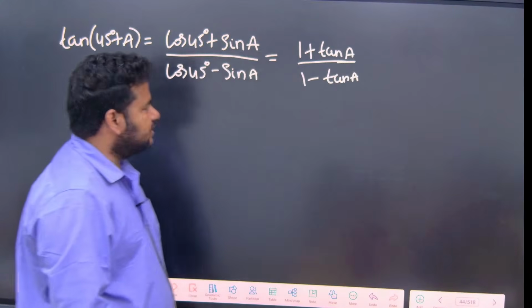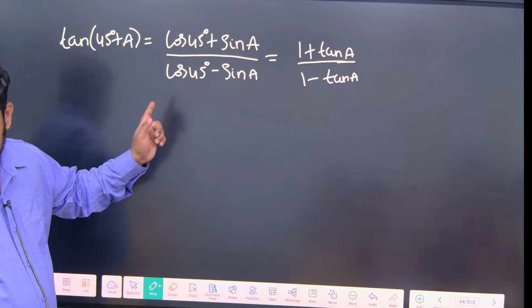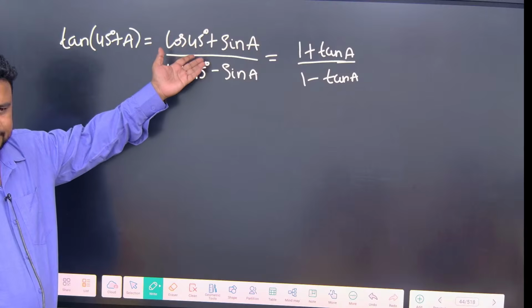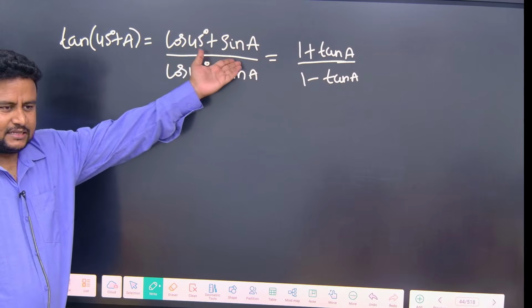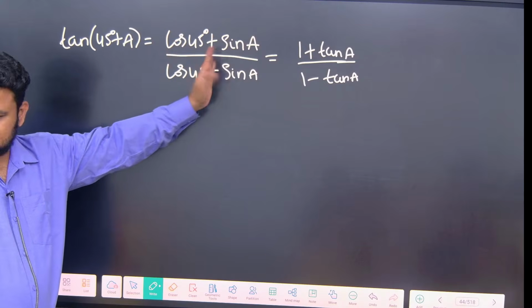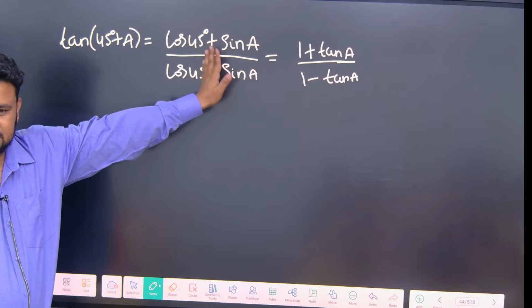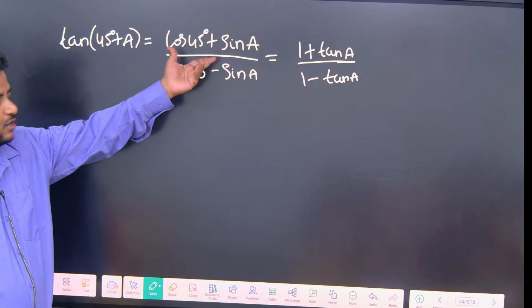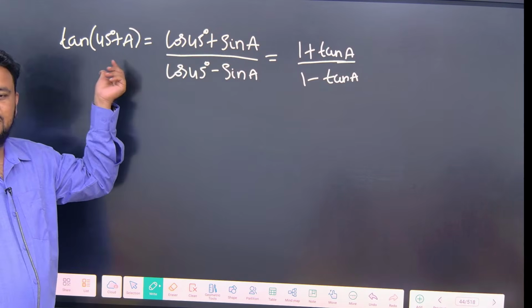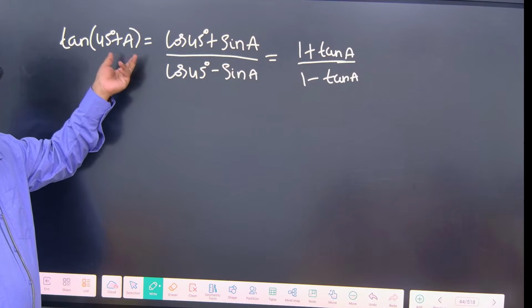Here a was 12 in the previous question. That is why I have generalized and written the formula. Please write this down along with me. This is the thing you have to remember. This is also the same as the compound angle formula, but here instead of b I am writing 45 degrees. This a can be anything: a, b, c, theta.